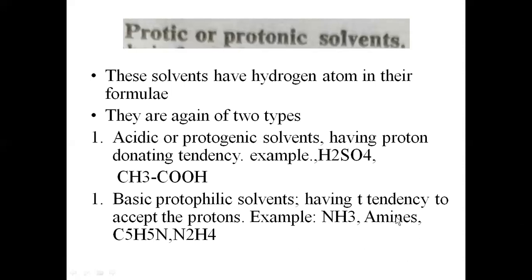One thing is common: they are having an N group, and that is the acceptor for the proton. The nitrogen has a lone pair of electrons associated with it, therefore it accepts proton easily, whether it is ammonia or amines. This is pyridine, C5H5N, again having an electron pair, a lone pair which can accept the proton.